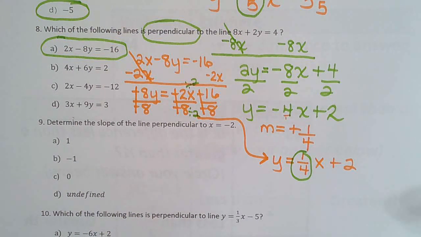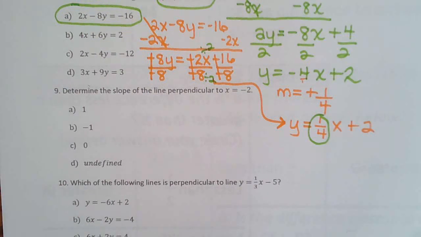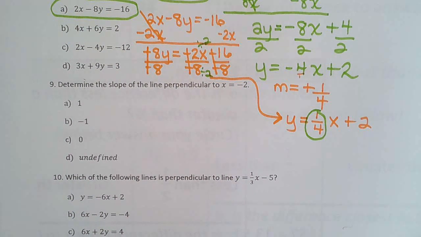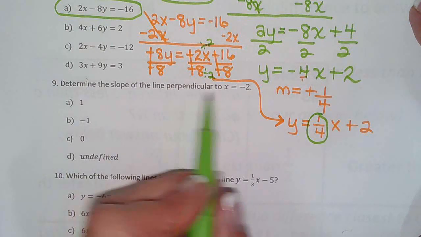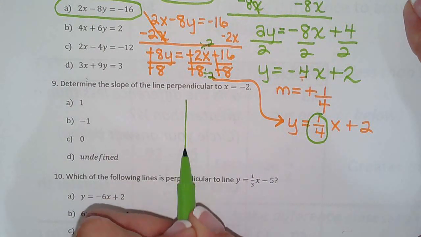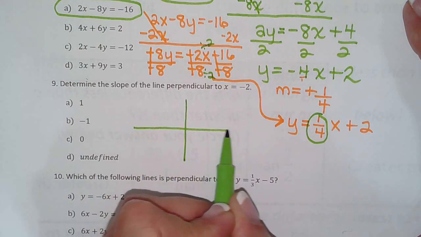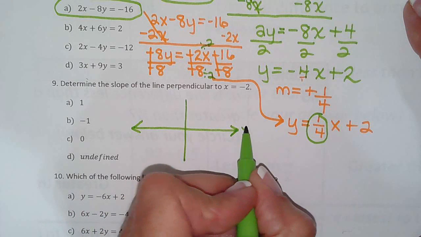Okay, next. This is going to make you think a little bit, this next one. So first off, we have to think about this. What's the slope of this line? Remember when I said when a letter's missing, it has to be our special case, x equals or y equals?